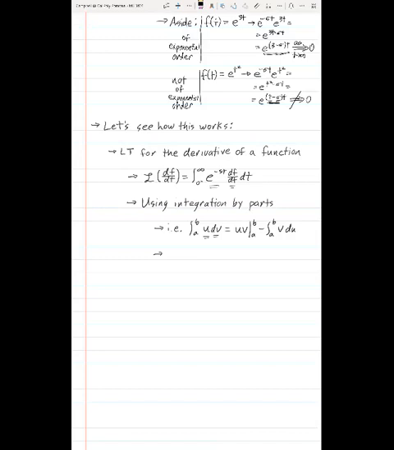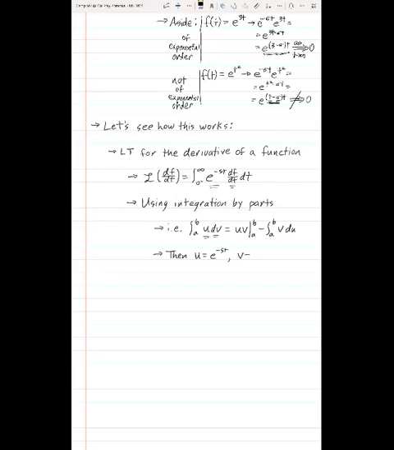So we can say that u is equal to e to the negative st, and since dv is equal to that derivative, v is just equal to the function itself.